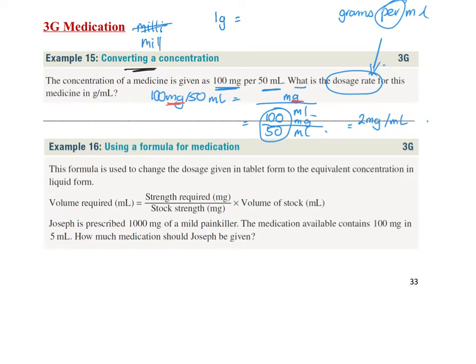Centi, what does centi mean? 100. Okay, so you can think of it like a century or whatever. So milli, there's 1,000 milligrams in 1 gram.